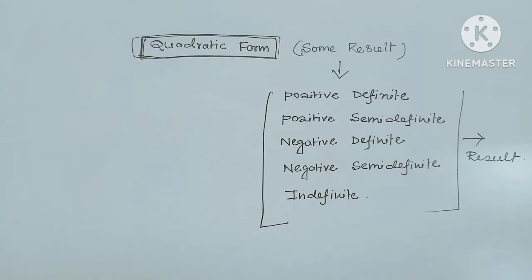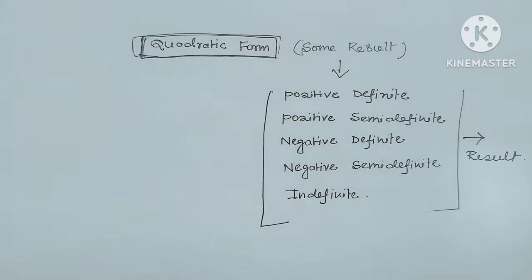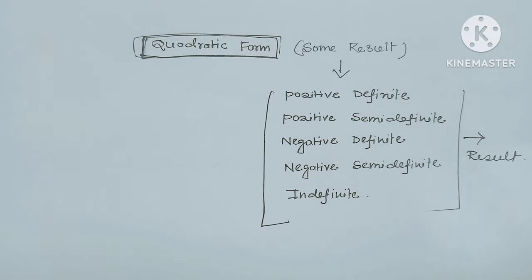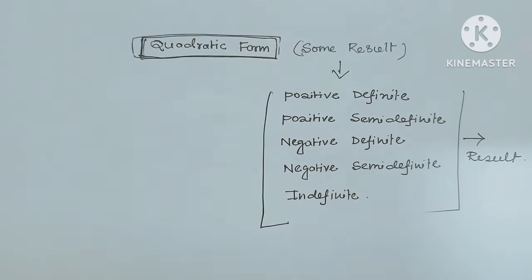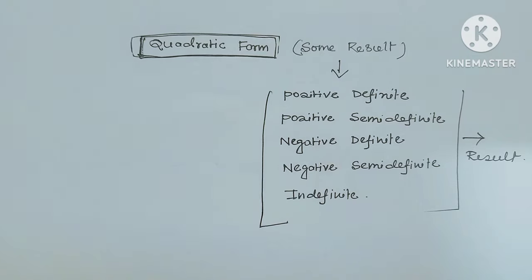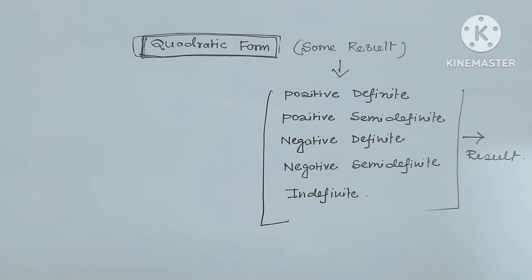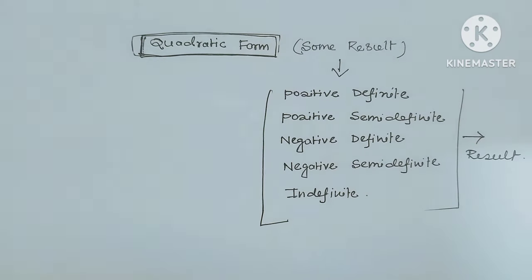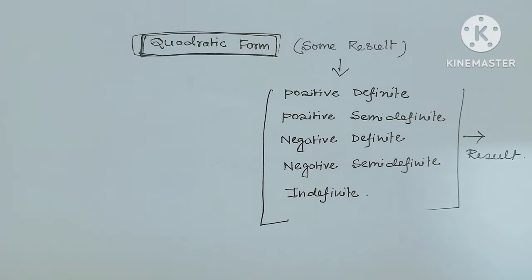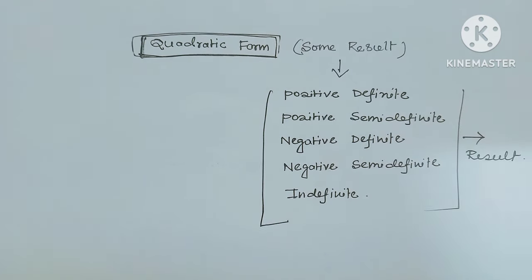Today I will see quadratic form and various types of quadratic form. We all know positive definite, positive semi-definite, negative semi-definite, indefinite. These are the various types of quadratic form.